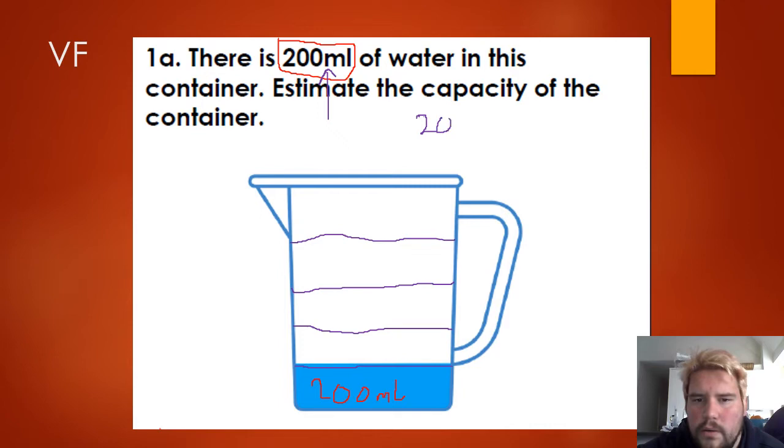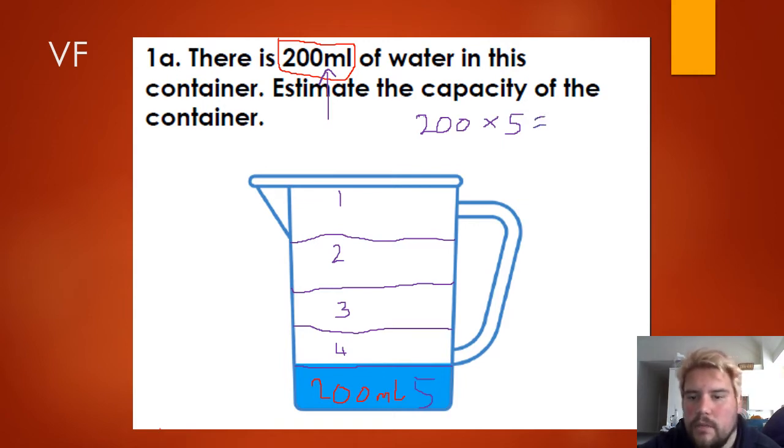So we need to do 200 times 5 because that's what we're working in. We're working in fifths. We've got 1, 2, 3, 4, and 5. So we've got one section of them, we need to times it by 5 to get the total capacity.